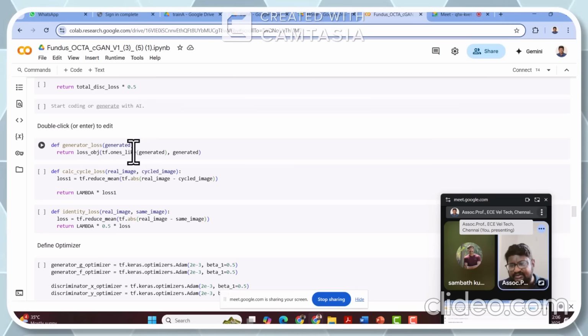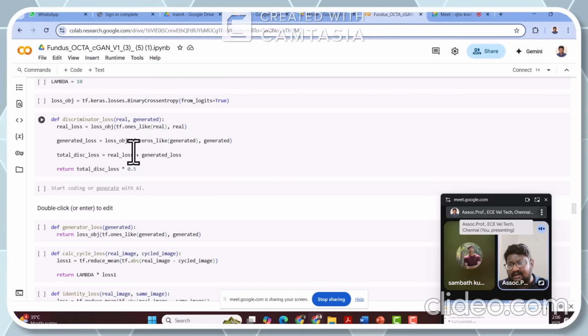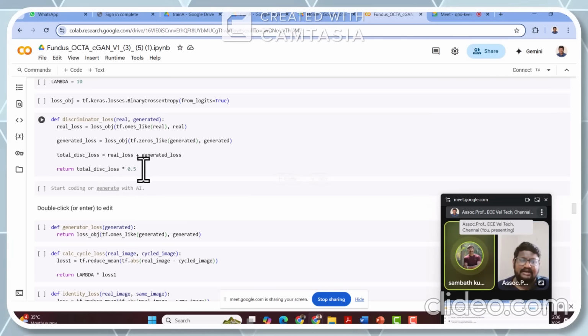For real images we have ones, compared to the real images, and we have zeros generated for the generated images. So the real images are labeled as ones, and the synthesized images are labeled as zeros. Whenever there is a mismatch, there will be a loss. Both the terms are being added here, giving the total discriminator loss. And when we come to the generator loss, here we are actually fooling the discriminator.